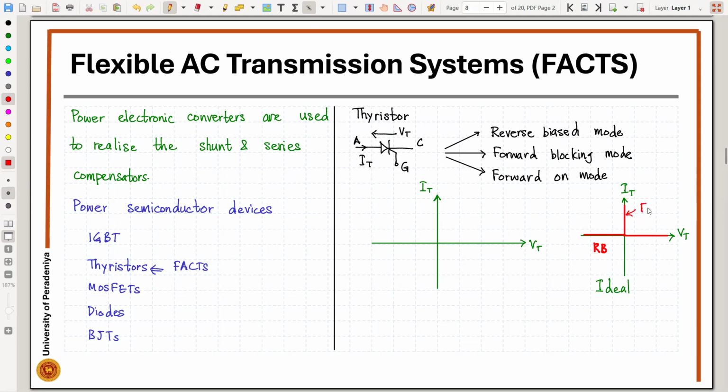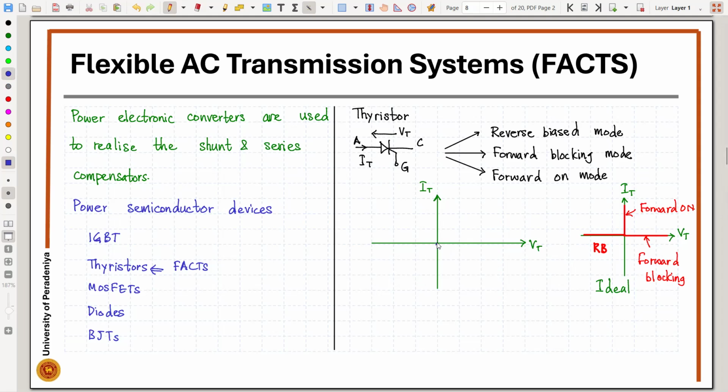So this is the forward on state, and this is the forward blocking mode.